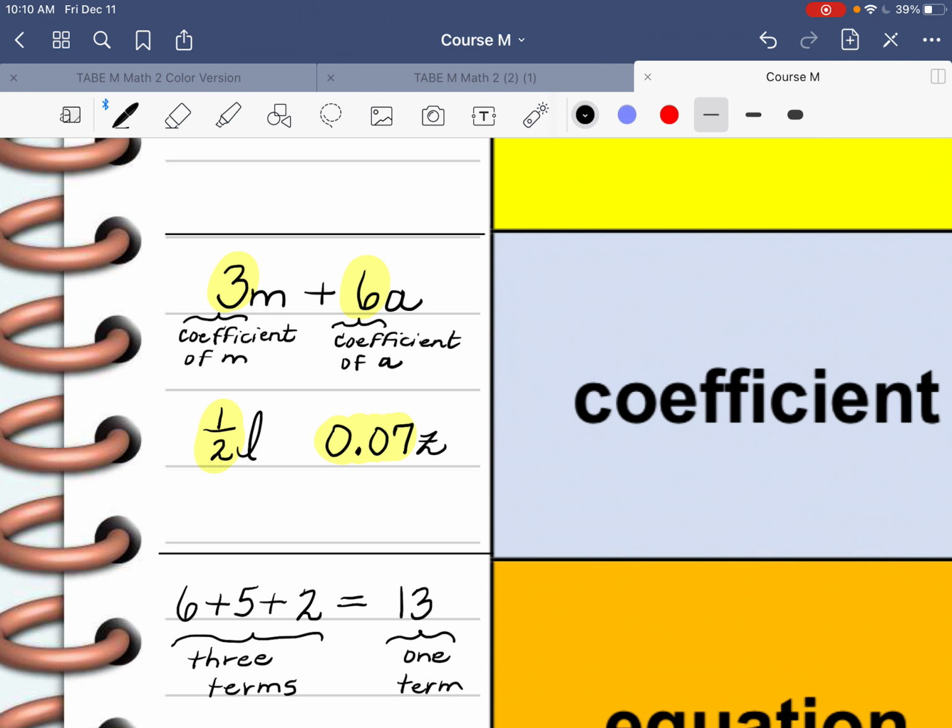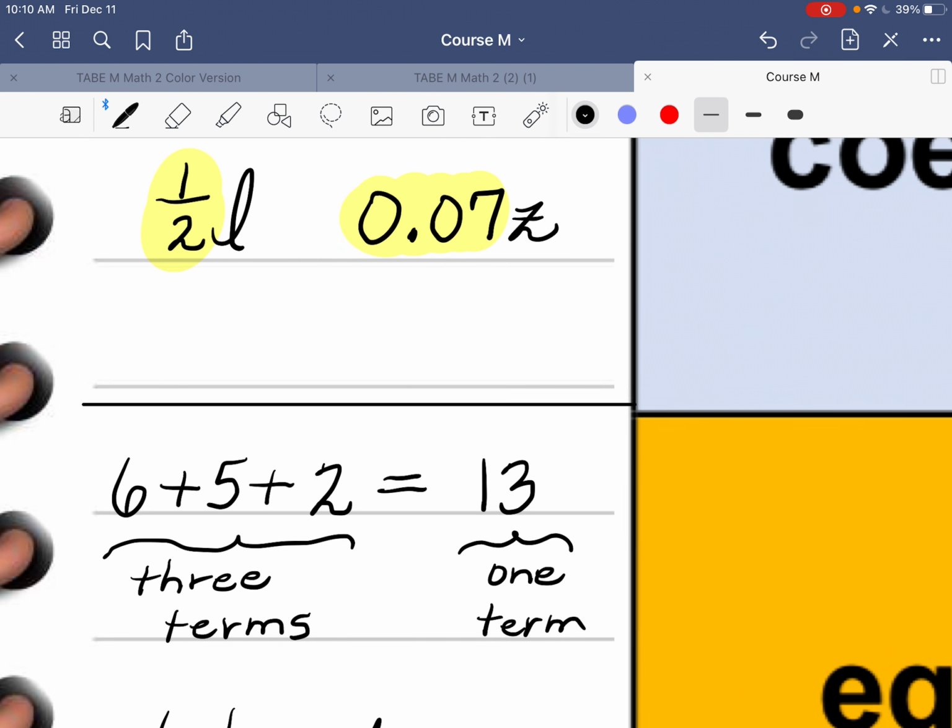And I want to show you this one. I actually want you to think through this one with me. What if I have a letter that's all by itself? What is the coefficient of x? You don't see one, but there's one there. I call it the ghost one because 1 times x is the same as x.